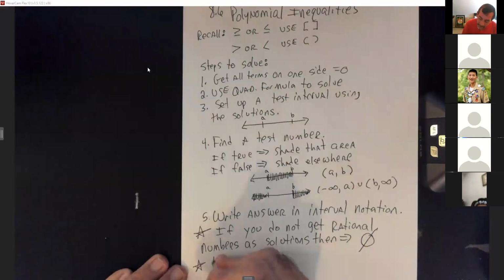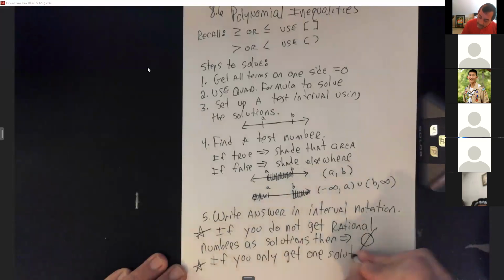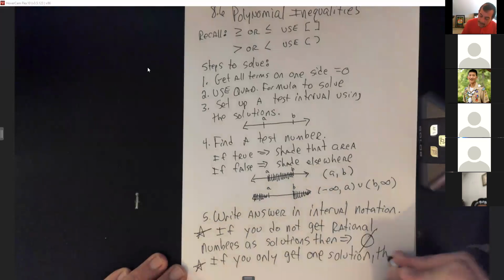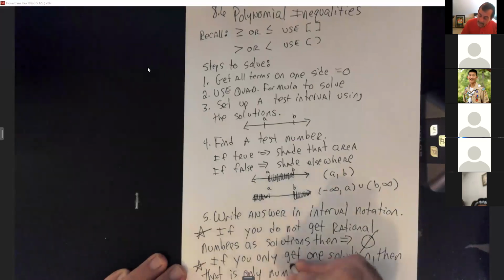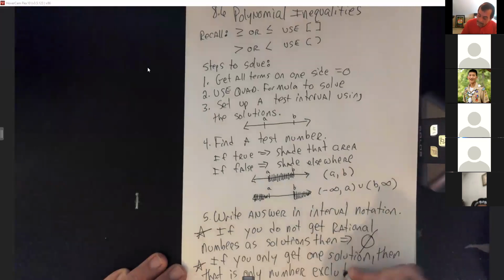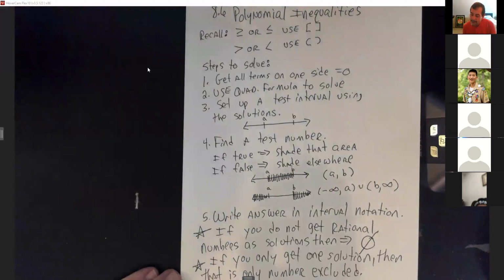Also, if you only get one solution, then that is the only number excluded. Okay, so you got to watch for these special cases down here. If you cannot factor it, it's no solution and you're done. If you only get one solution, then your interval will go from negative infinity to that number, union that number to positive infinity.